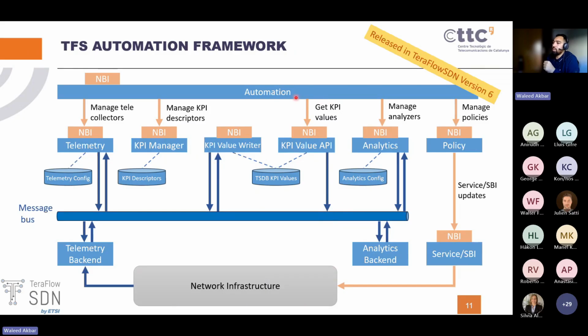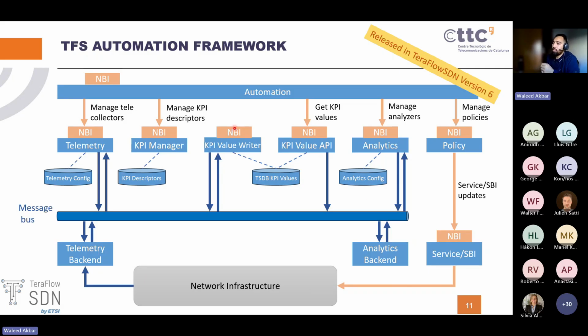Once the automation receives these flags or alarms, it will inform policy to take an action on them, and the policy will generate new configurations or reconfigure some services. It will push those policies or new configurations toward the service or the SBI components that we have inside the TFS, and then these services are propagated to the actual network, where the network is getting reconfigured, and again the cycle starts again from here.